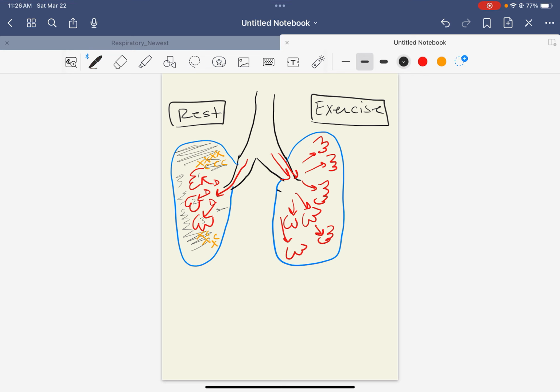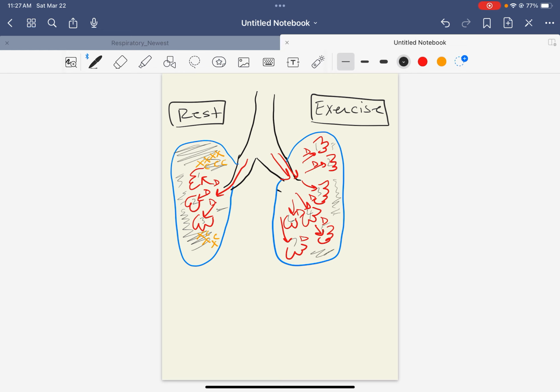So now, instead of using just 3 zones, we're using 1, 2, 3, 4, 5, 6, 7. And we do that, of course, by dilating more of these. So instead of constricting to some, we're pretty much dilating to all. And that leaves less space that we're not using.